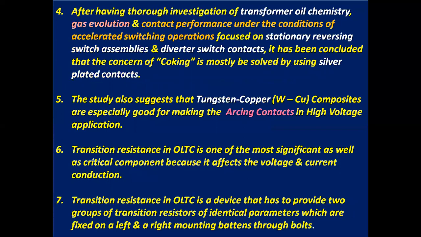After a thorough investigation of transformer oil chemistry, gas evolution, and contact performance under conditions of accelerated switching operations, focused on stationary reversing switch assemblies and diverter switch contacts, it has been concluded that the concern of coking is mostly solved by using silver plated contacts.